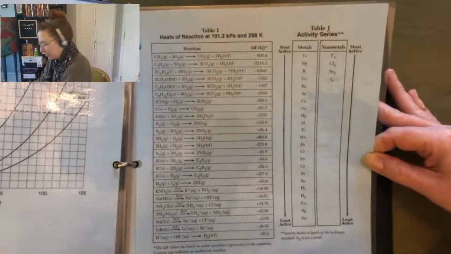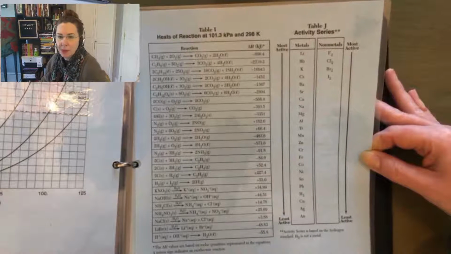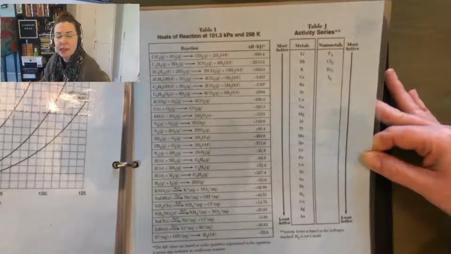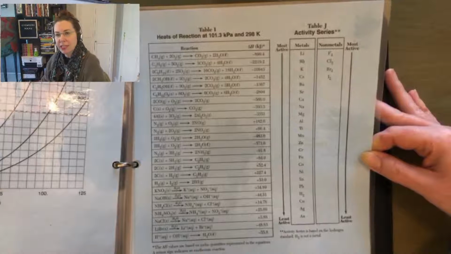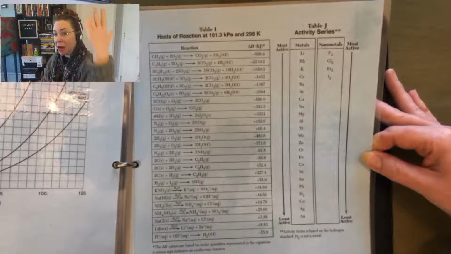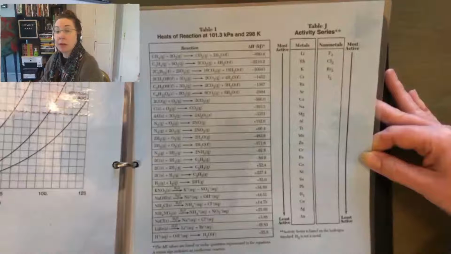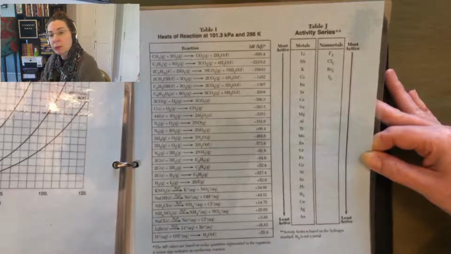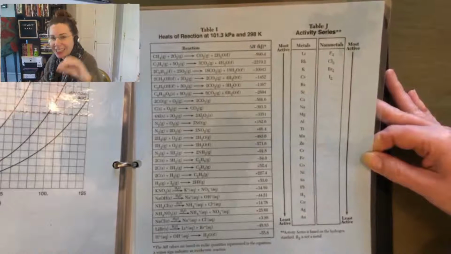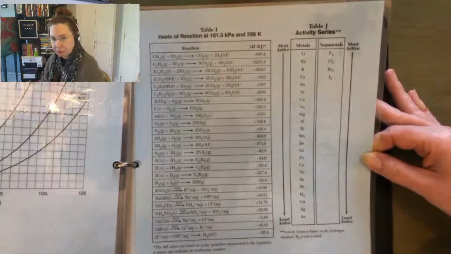If it doesn't react with an acid, it will be below that hydrogen. It goes back to our rule about single replacement reactions. In order for the thing that is alone to replace the thing in the compound, it has to be higher than the thing that is bonded in the compound. So since we have a metal in its free state and we want to react it with a hydrogen that is in an acid, it needs to be higher than the hydrogen.